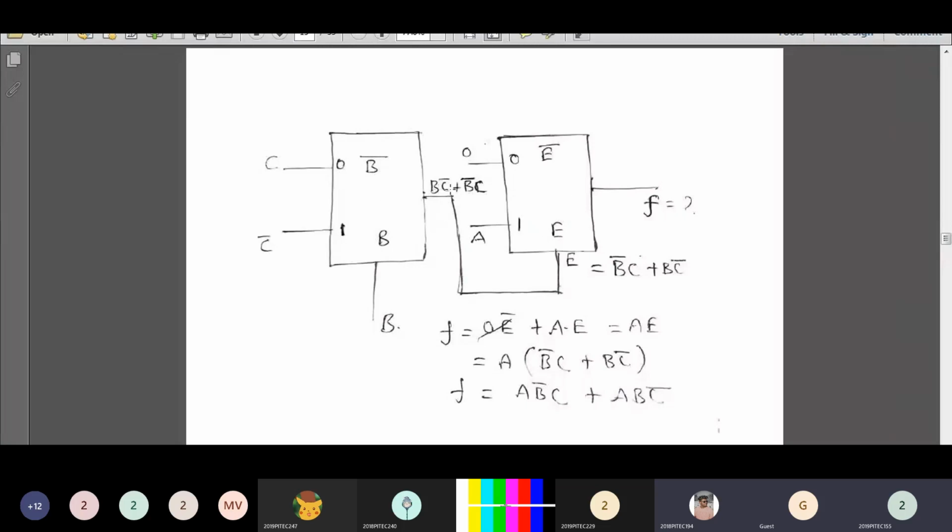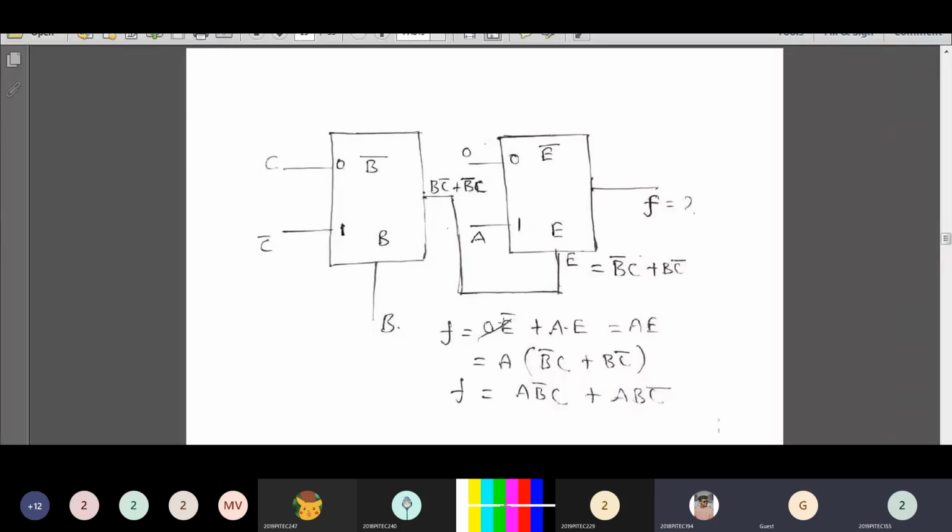The output of the first mux is connected to the selection input of the second 2 cross 1 mux. Look at the second 2 cross 1 mux. The selection input is named as E, so it is written as E dash E. Now the E dash should be multiplied with the input I naught. I naught value is 0, so E complement should be multiplied with 0.